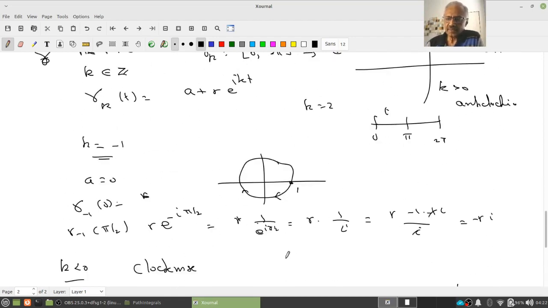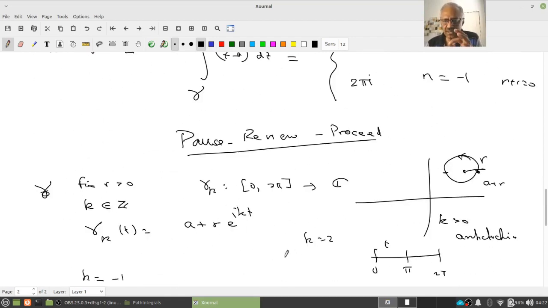Though what happens is, when k is positive, it goes around the circle. It starts from a plus r, and it hits that point k times, in the anti-clockwise direction.